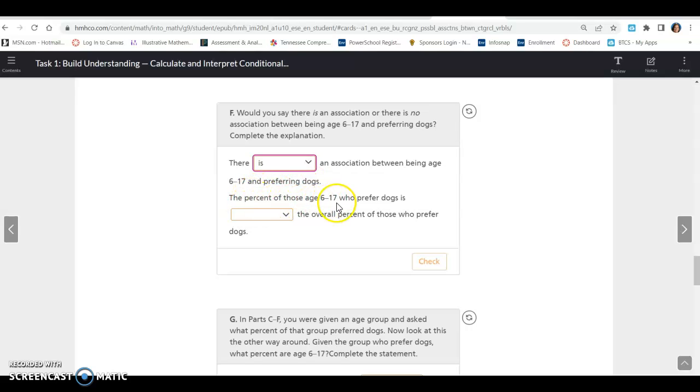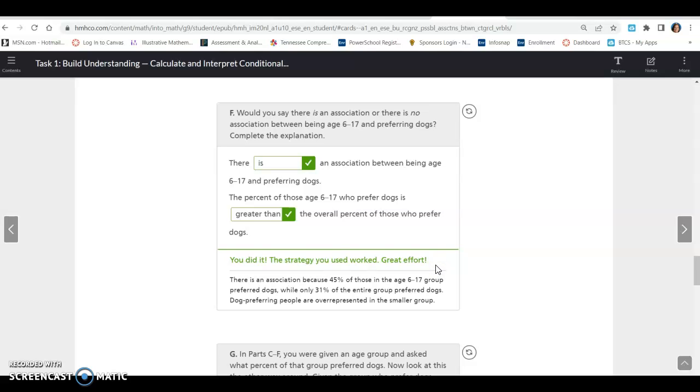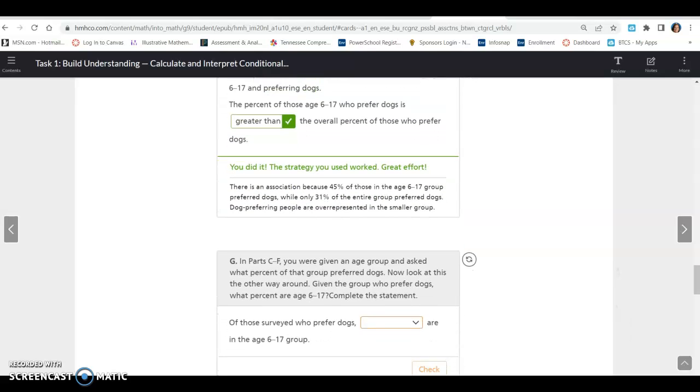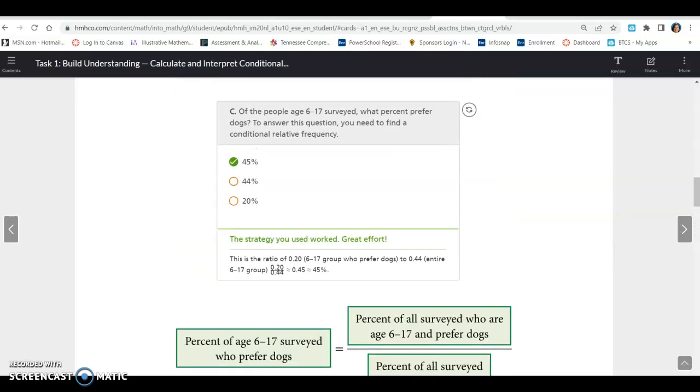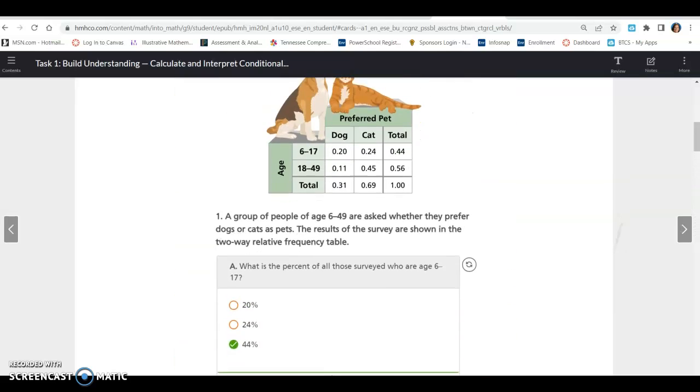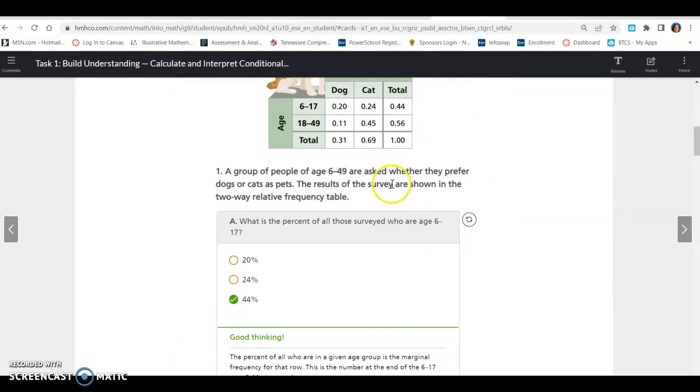The percent of those age 6 to 17 who prefer dogs is greater than the overall percent of those who prefer dogs. So again, if you look back here at the table, you can see that this percent here is much higher than this percent. So it is much higher than the overall percent.